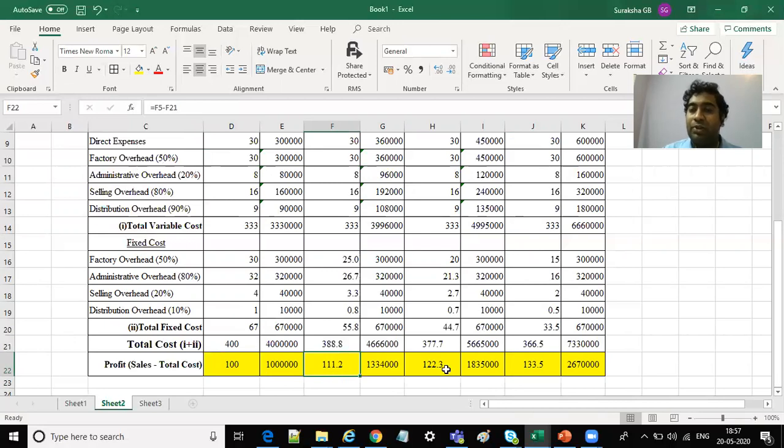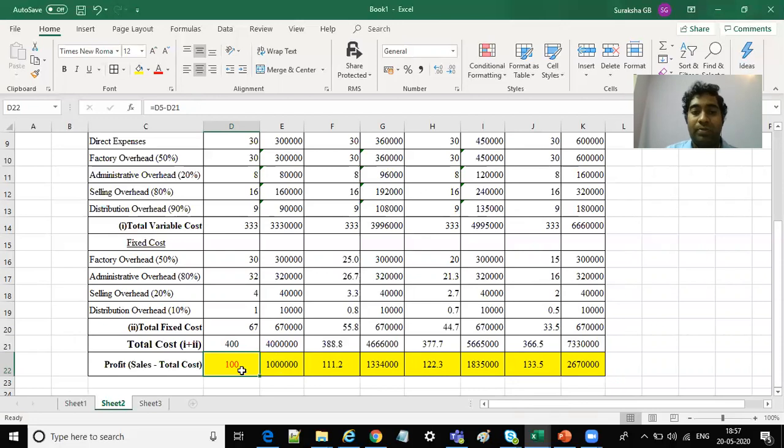If a firm is producing 15,000 units, it will make a profit of 122.3 rupees. And if a firm is manufacturing 20,000 units, then it will make a profit of 133.5 rupees.